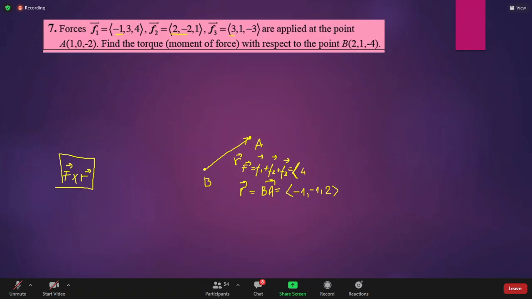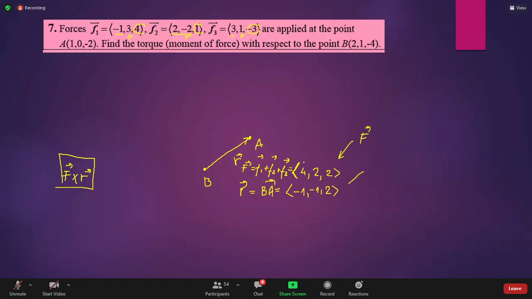Now, second coordinate, 3 minus 2 and 1. 3 and 1 is 4, minus 2 is 2. And third coordinate, 4 and 1 is 5, minus 3 is 2. So the resulting force is this, and the radius vector is this.